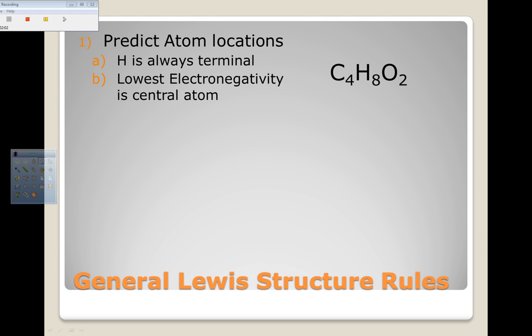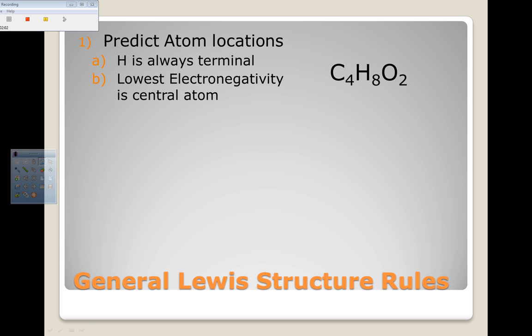First step, know that hydrogen is always going to be terminal. That means it's going to be the end of the chain, the end of the line. Why is hydrogen always the end of the line? Because it only has one electron to share and one electron that it wants.